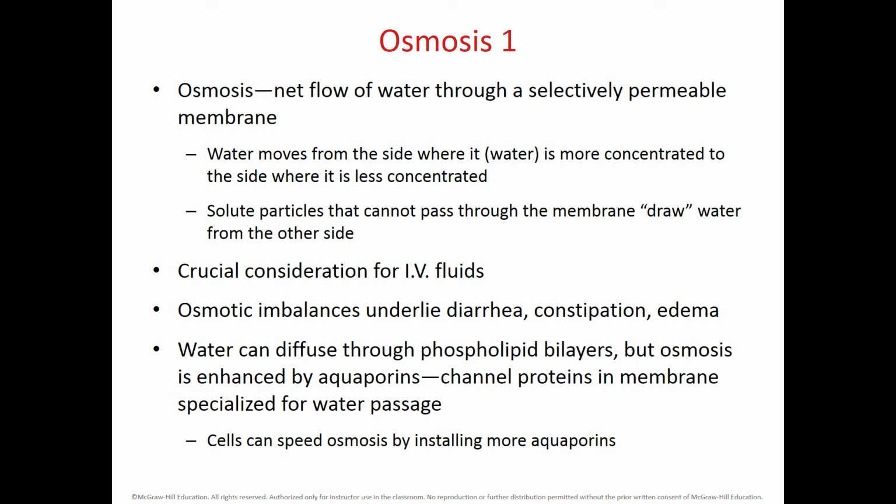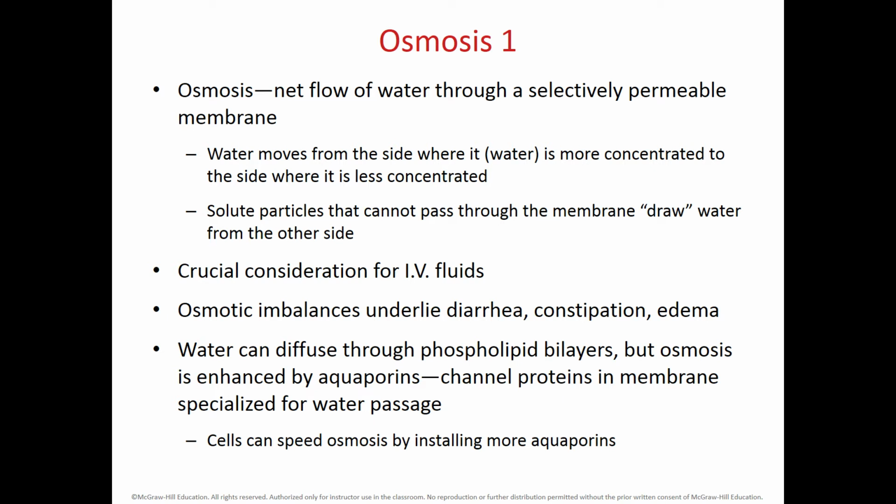One of the reasons why people have diarrhea is because sometimes when they have damage in the epithelial cells of the intestines, the solutes in the foods they ingest cannot be absorbed.